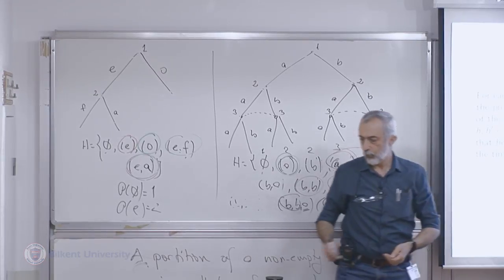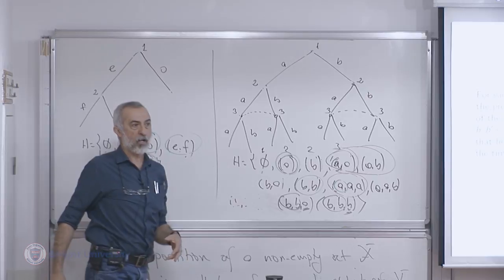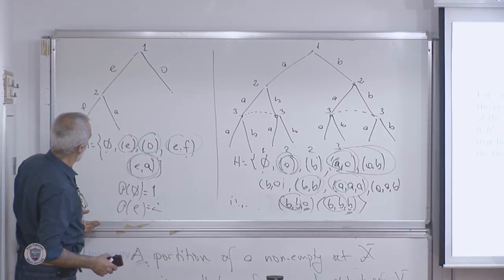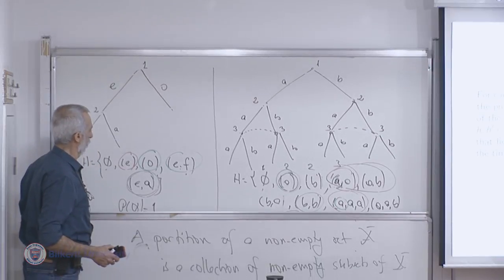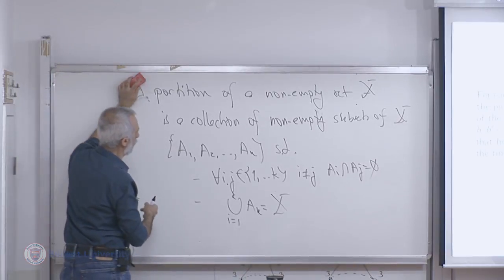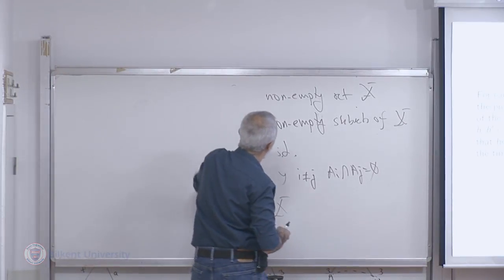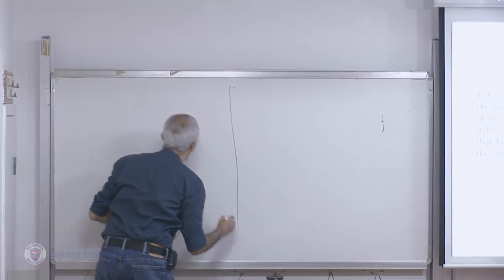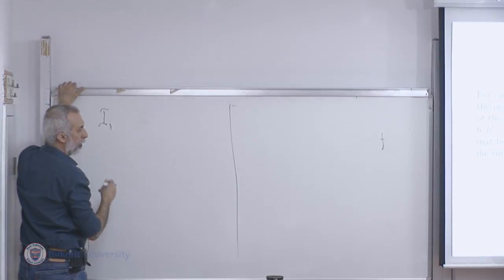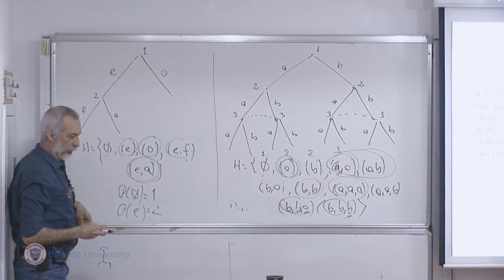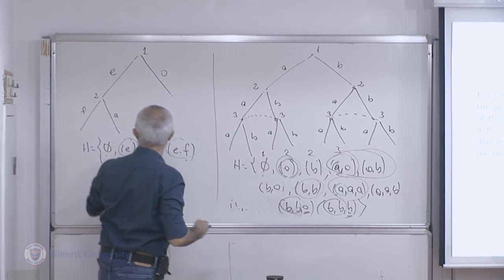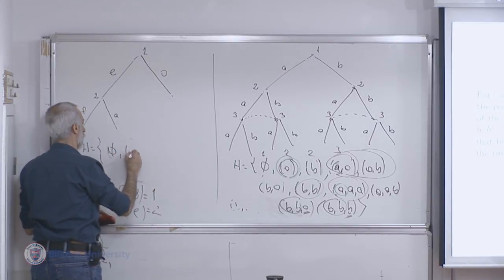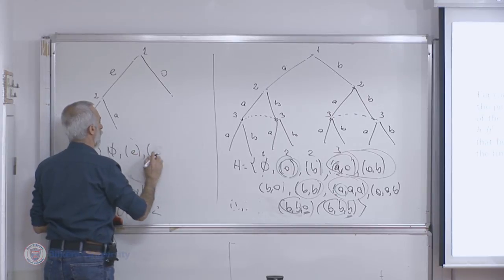So what we need is, this is about the information. It's about what players know. So for player one, the nodes in which he takes an action: the empty sequence.